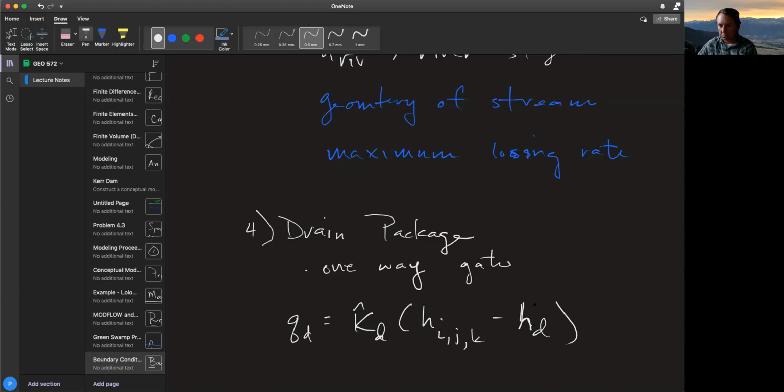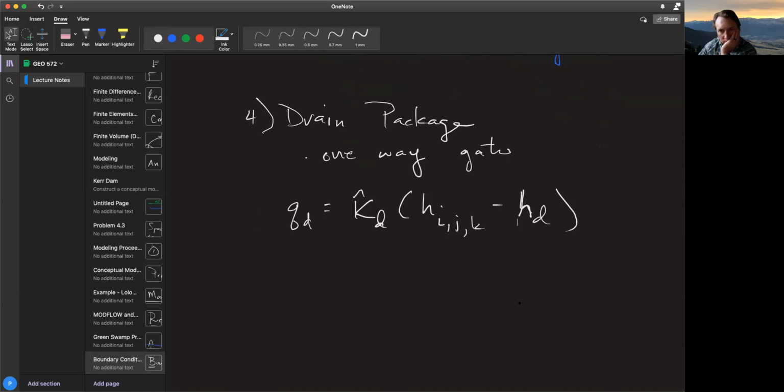This might be the elevation of the spring, for example. So here we supply K hat D and we supply HD, the head of the drain.